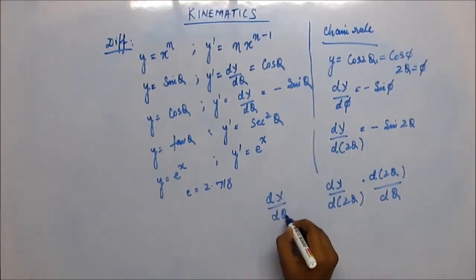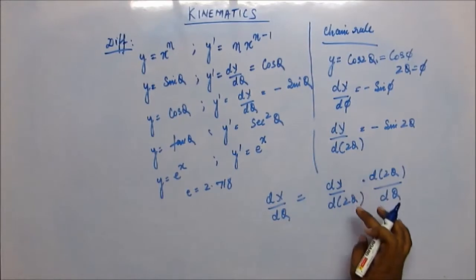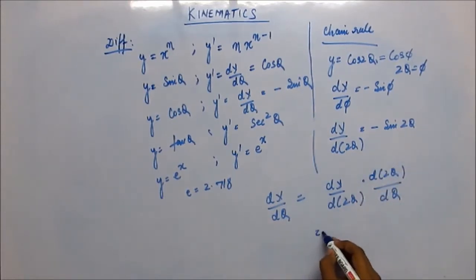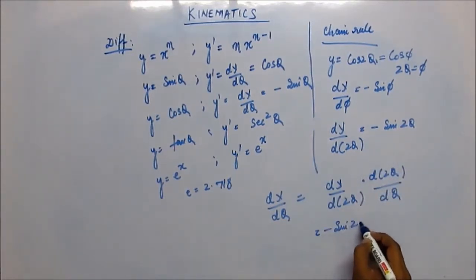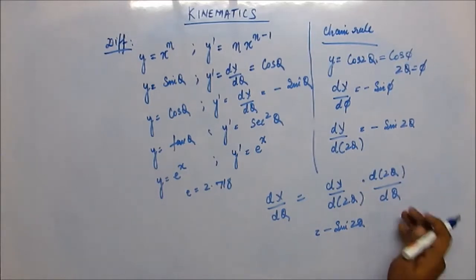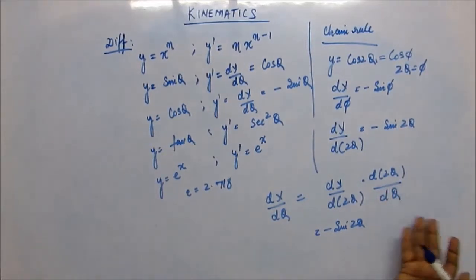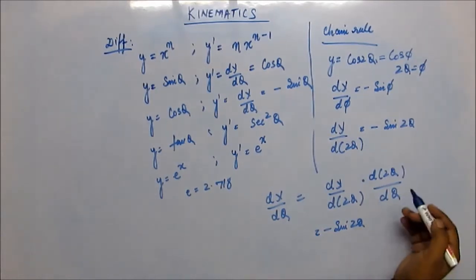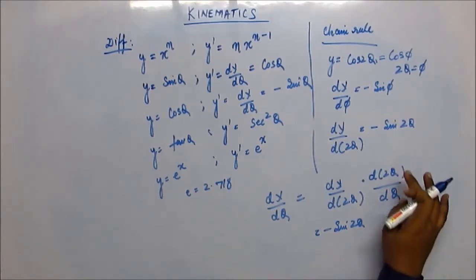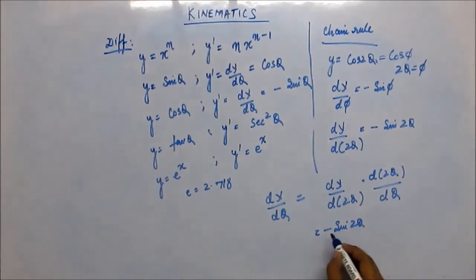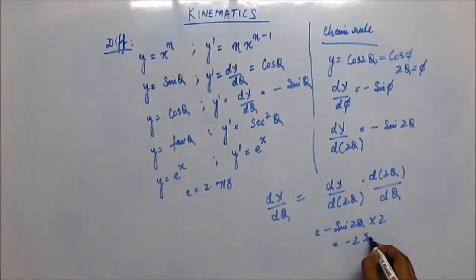What we want is dy by d theta. Dy by d 2 theta is minus sin 2 theta, and d 2 theta by d theta is easy, like differentiation of 2x in terms of x. Differentiation of 2 theta is 2. So this is effectively minus 2 sin 2 theta.